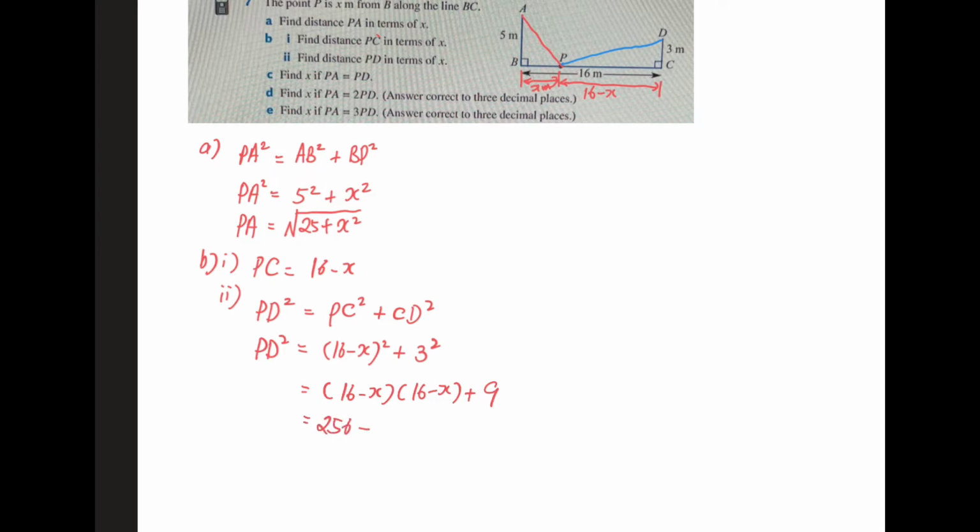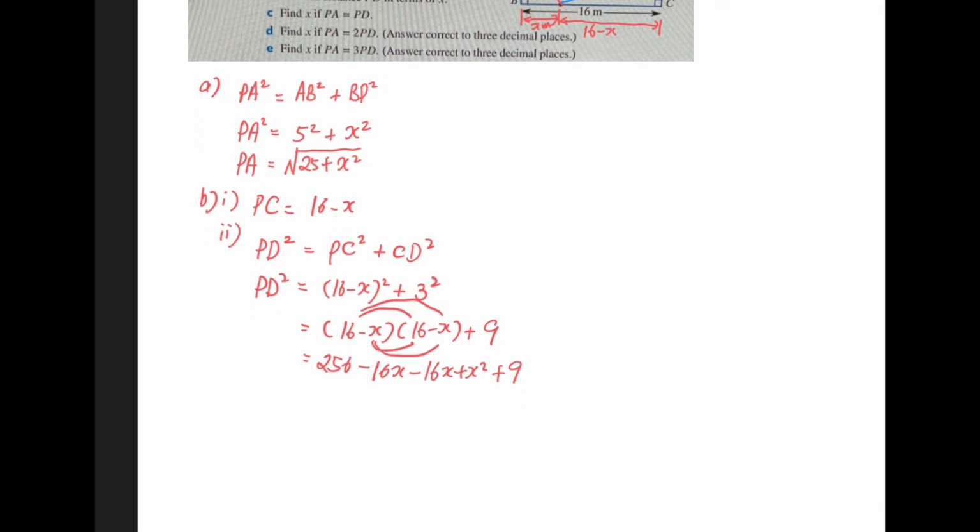Then minus 16x minus 16x plus x squared plus 9. So we get x squared minus 32x, and we have 256 plus 9, we have 265. So PD is equal to the square root of this. So that is the answer for PD.